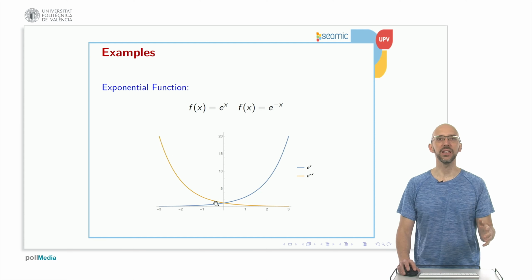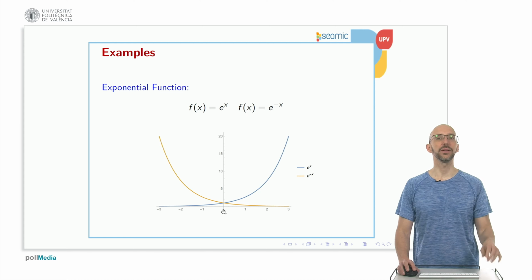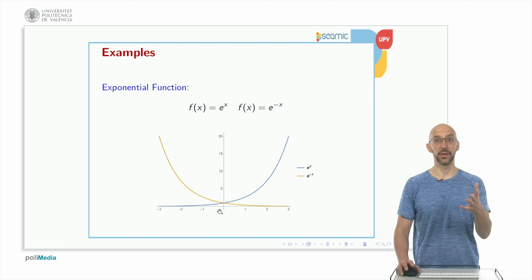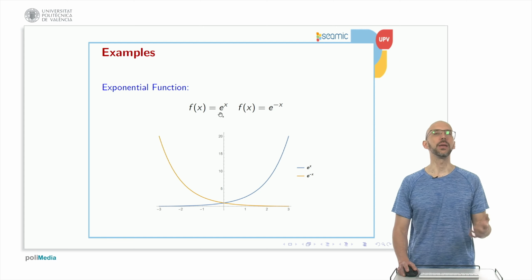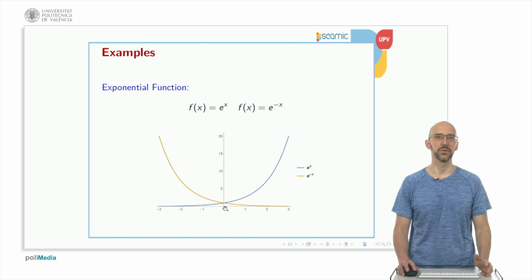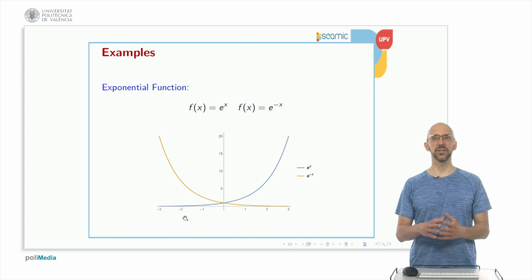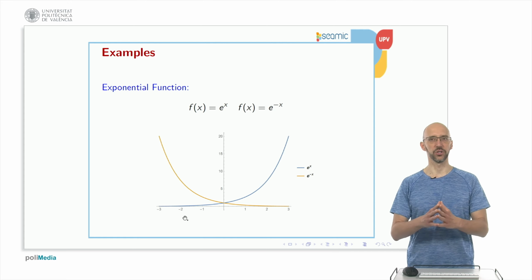Look, the plot is an increasing function. It passes through the point (0, 1), and this is very easy to calculate. When you replace the value of x by 0, e to the power 0 is 1, so it's going to pass through this point.